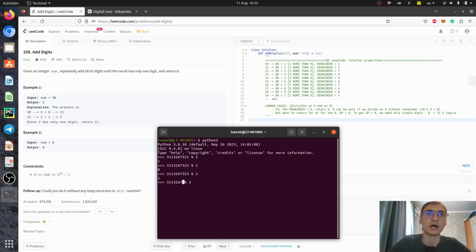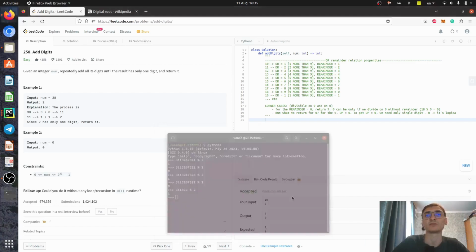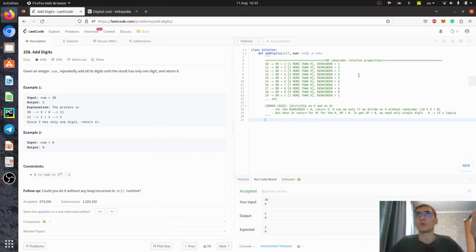It doesn't matter how I change my number, I'm always given values from 0 to 1. In our case, we're going to be given values from 0 to 8. So it's what we need. We need to map our values from 0 to 9. But with 9, we have some corner case.